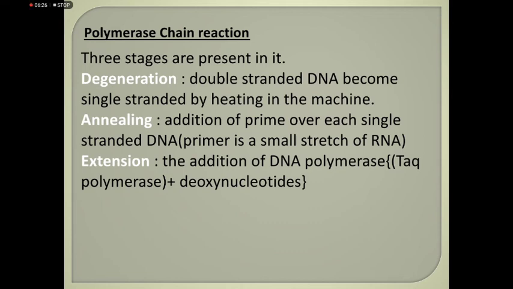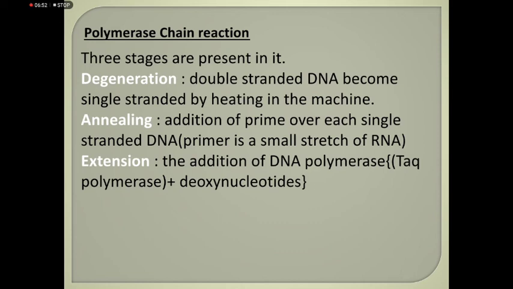First stage is denaturation. That means double-stranded DNA becomes single-stranded by heating in the machine. And the second stage is annealing, which means the addition of primer over each single strand of DNA.